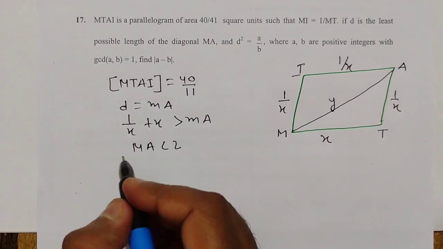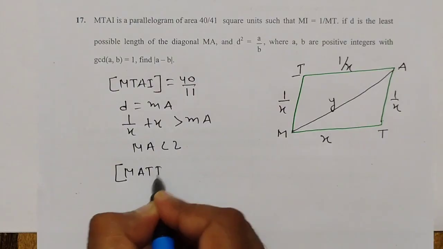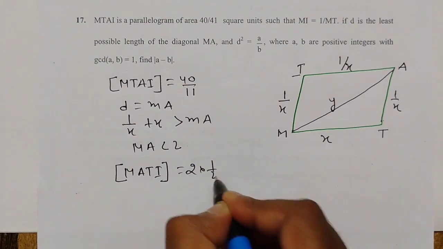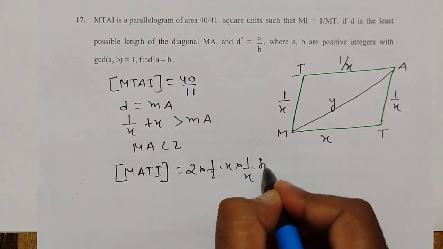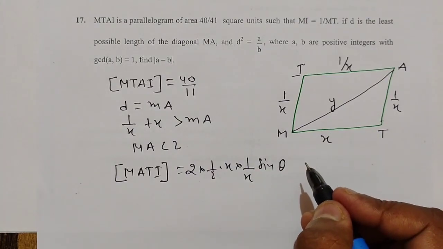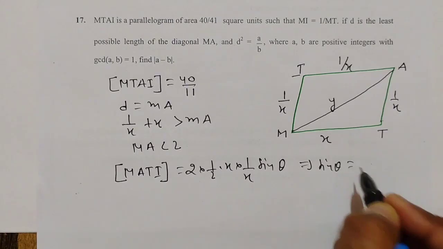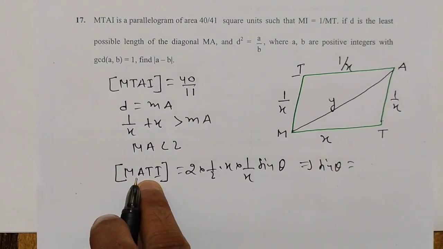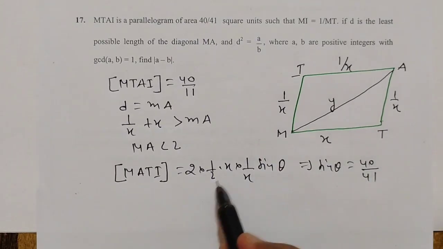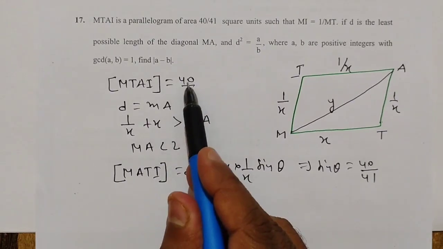Now we have the area of parallelogram MATI is also in the form 2 into 1 by 2 into x into 1 by x sine theta, and here we can write the value of sine theta is equal to 40 by 41, because 2 and 2 will be cancelled out, and sine theta is equal to the area of MATI, that is equal to 40 by 41.